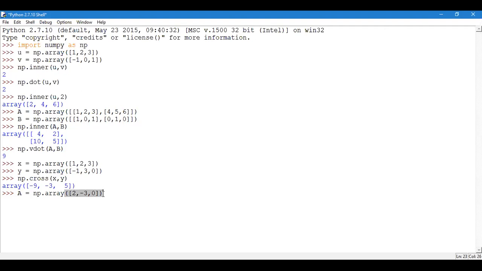So to find the volume of a parallelepiped, we need three vectors. I have just written the vector A in the format of a NumPy array. Similarly, I can write the vector B in the format of a NumPy array. Let the vector B be i plus j minus k. So i plus j means 1 comma 1, and minus k, so I'm taking that as minus 1.